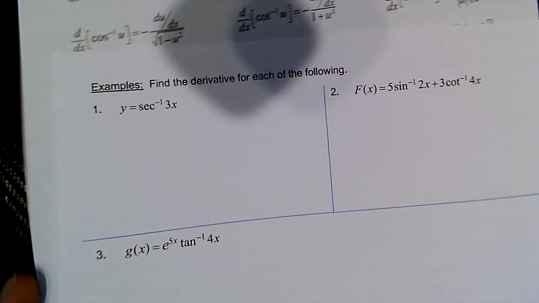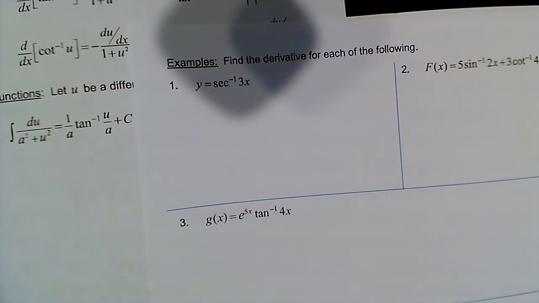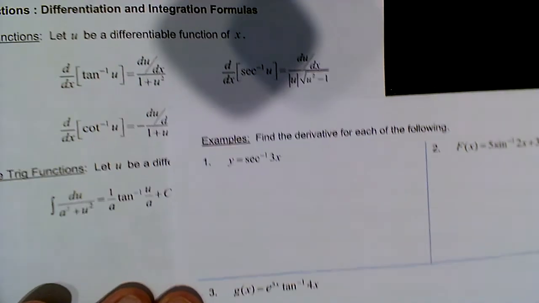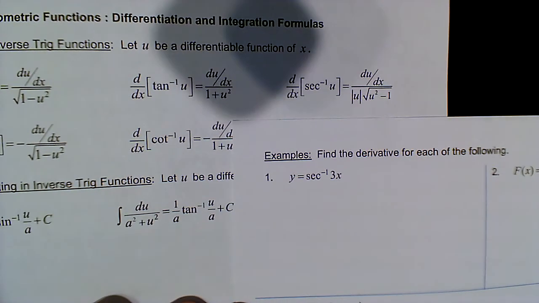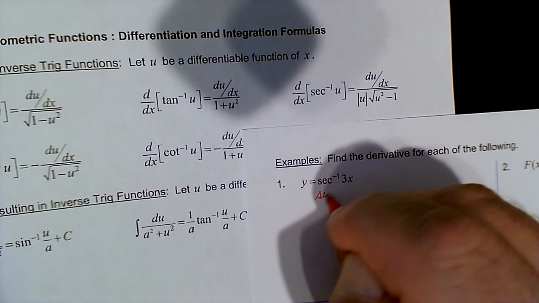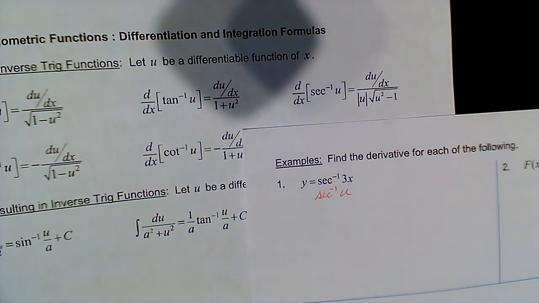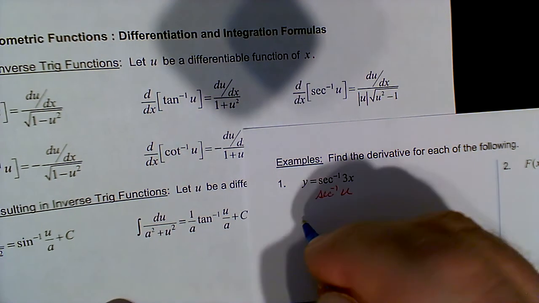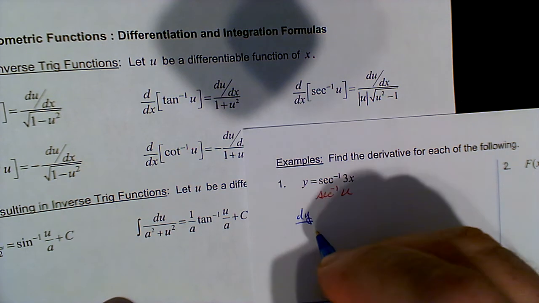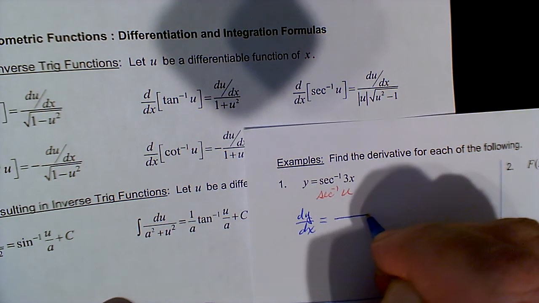And so you basically just follow the formula for the inverse secant of u in this example. With regards to the formula, this would be dy dx, y prime, whatever you prefer. It's a fraction.